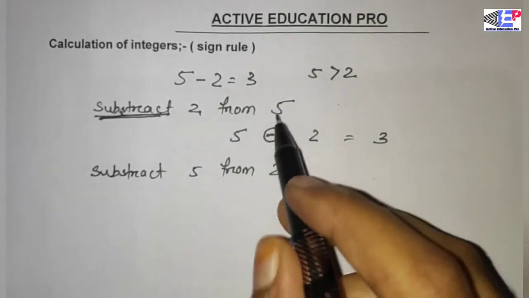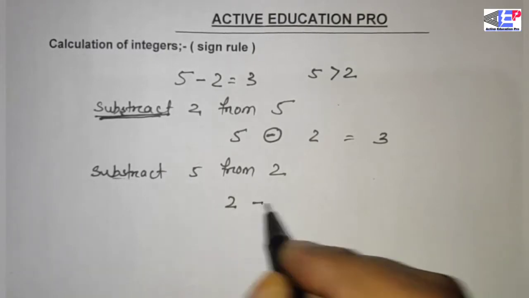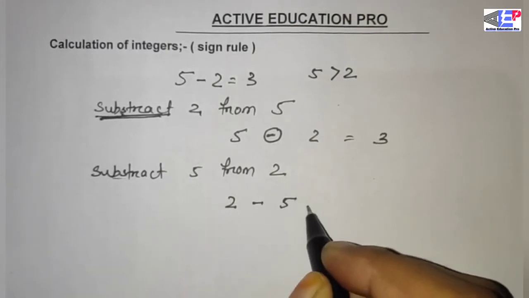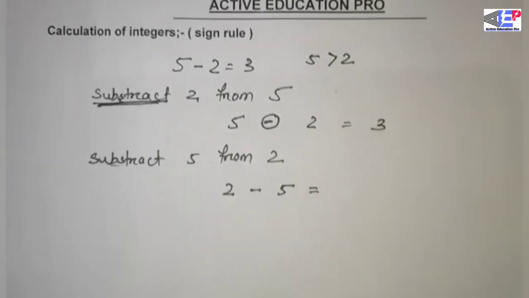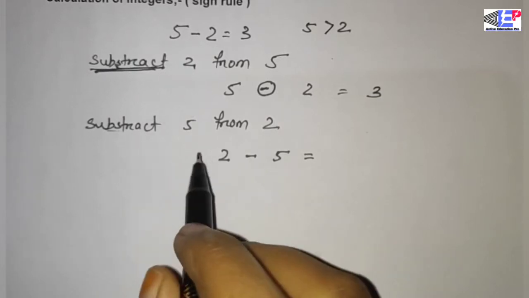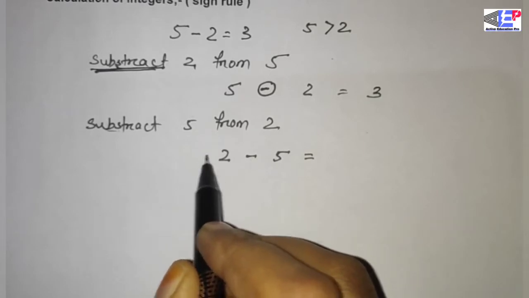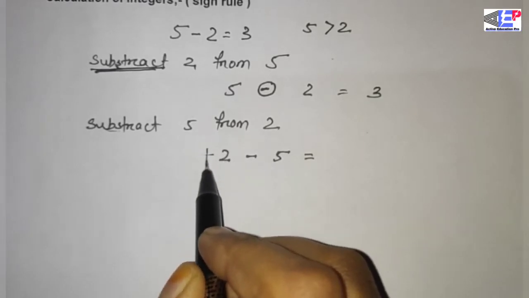As per the question, write 2 first, then put the minus sign, and then 5. Your answer will be as per the sign rules for addition of integers: first look at the greater numerical value. Look at the sign: this is 2, simple 2, which means there is no sign before 2, so it is a positive integer.